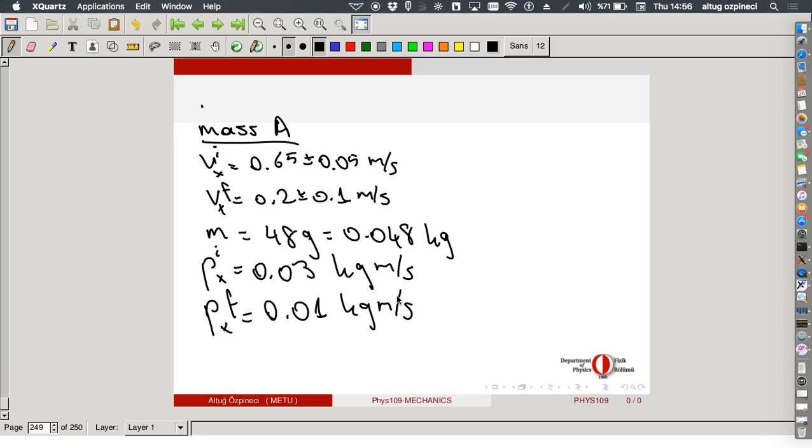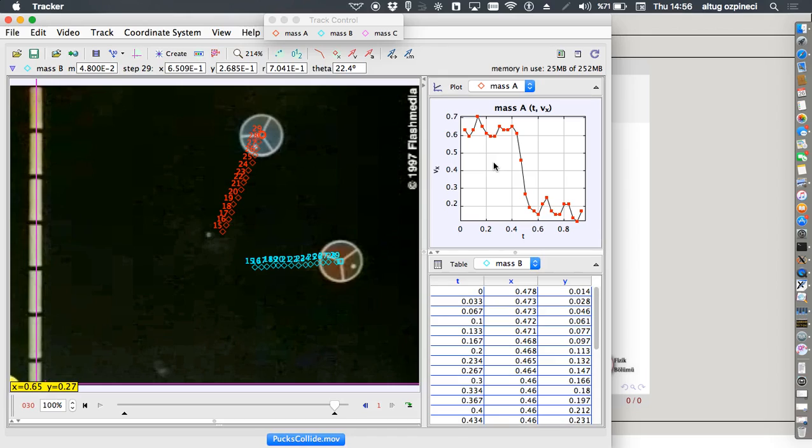Now let's look at the mass B, the other mass we have. What are the velocities? The x component of the velocity initially.